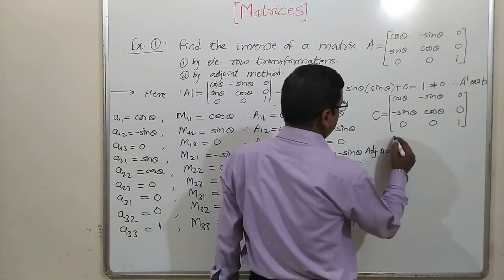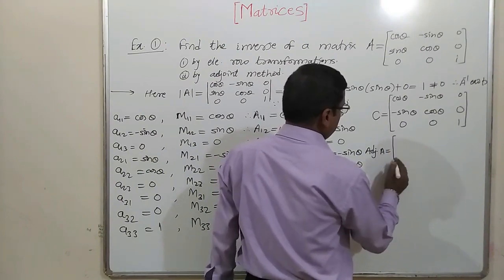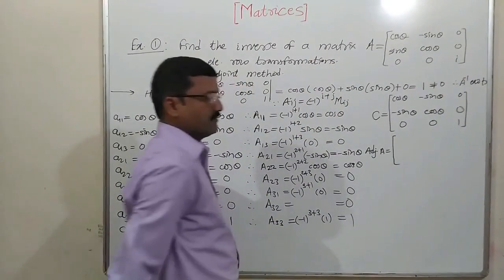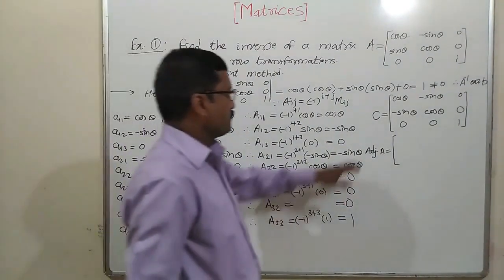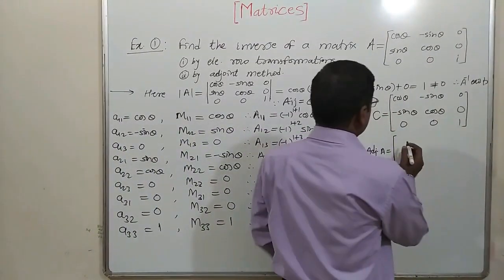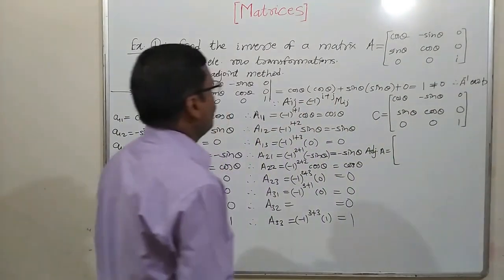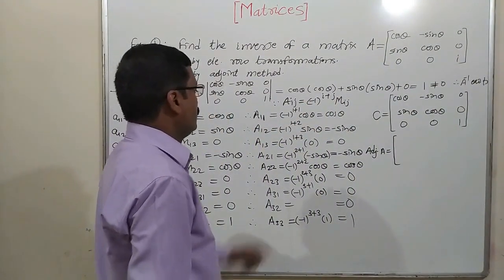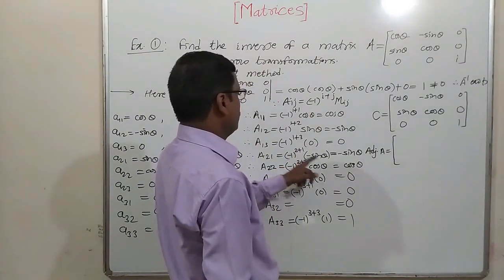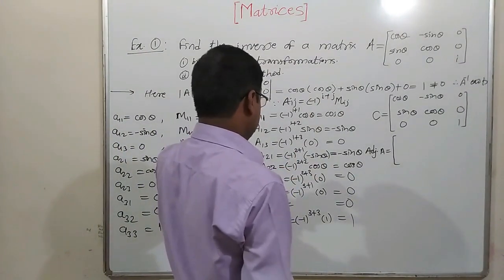So adjoint of A will be transpose of this C. Adjoint of A is nothing but the transpose of matrix of cofactors. So we get here, sorry, there is plus sign, not negative sign. Minus 1 raised to 4, so we get plus sign.